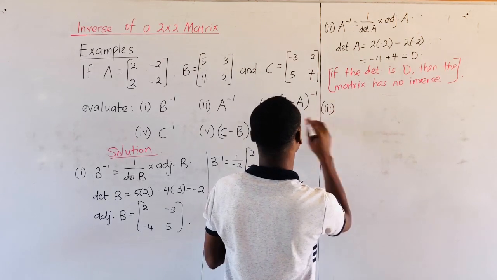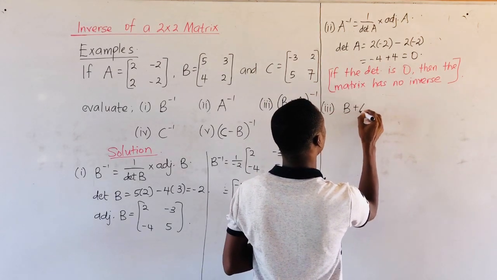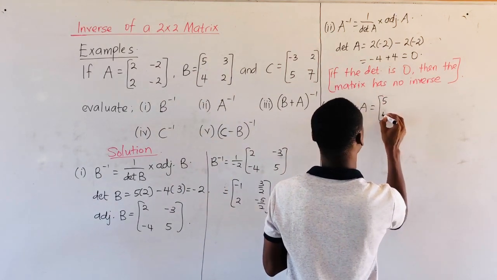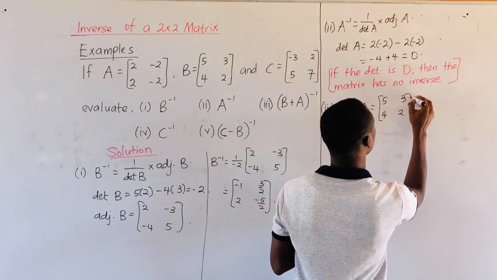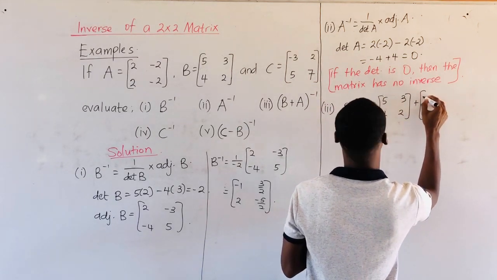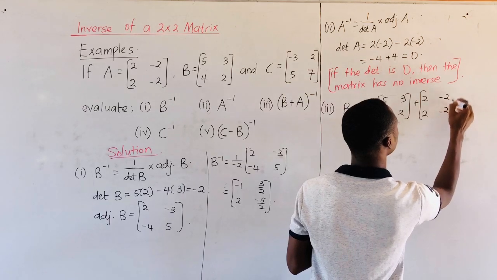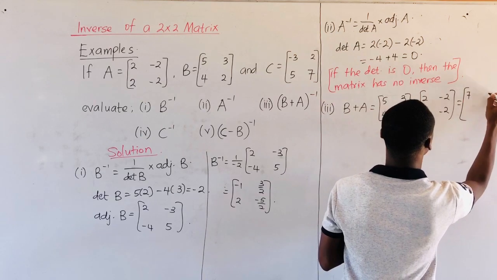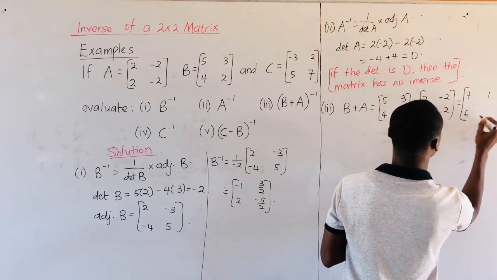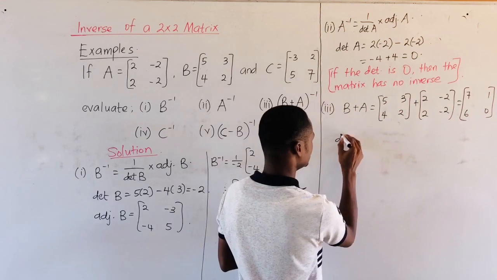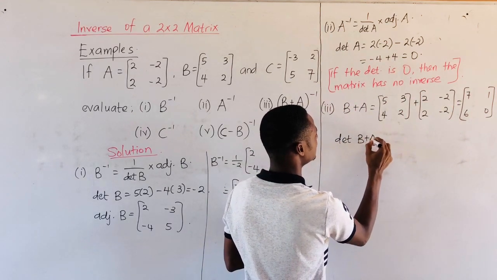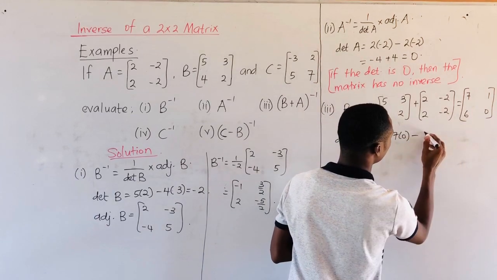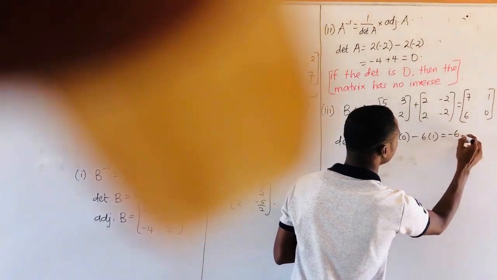Let's move to the third one, which is the inverse of B plus A. We first find the matrix B plus A, which is 5, 4, 3, 2 plus 2, 2, negative 2, negative 2. When we add corresponding elements, we have 7, 6, 1, and then 0. The determinant of B plus A is the leading diagonal minus the minor diagonal, which gives us negative 6.